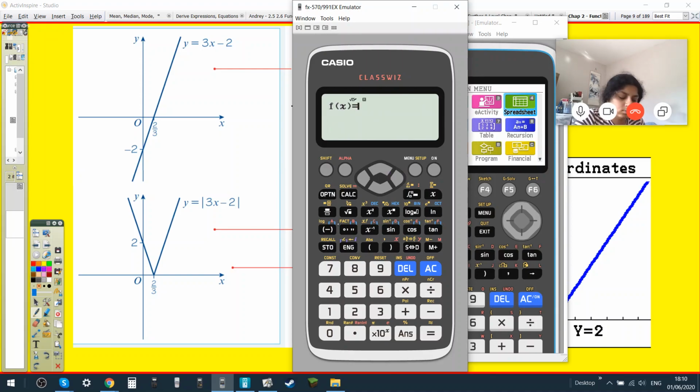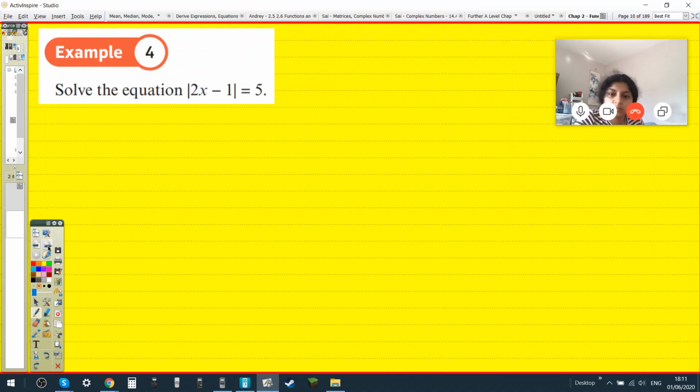You can always just do shift left bracket for absolute. 3x minus 2. G of x is blank, and let's say we go from -5 to +5 in steps of 1, and then you have a bunch of coordinates, and that might help. Okay, that's good.